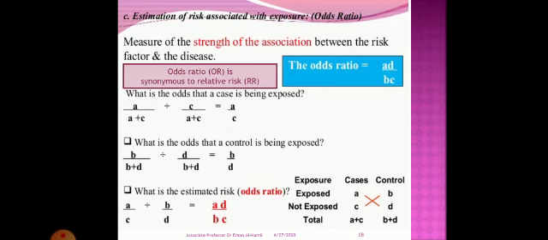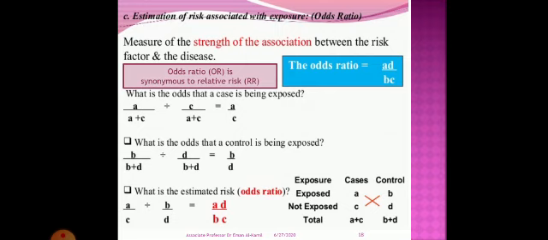So the odds ratio equals A, number of cases with risk factor, times D, number of controls without exposure, divided by B, which is number of controls with the exposure, and C, the cases without exposure, as you see at the bottom of the table.